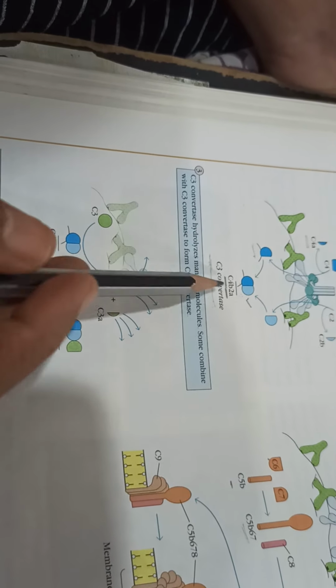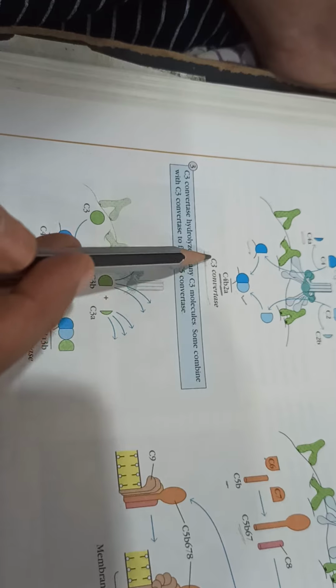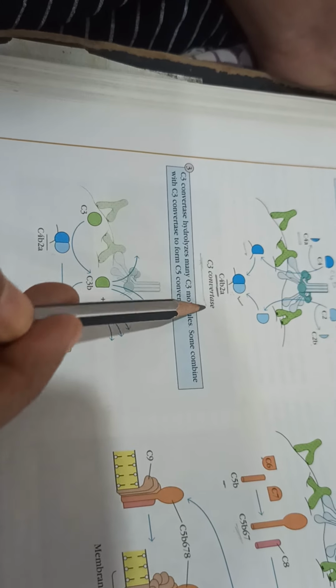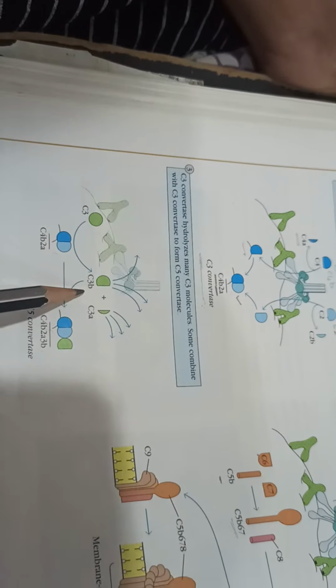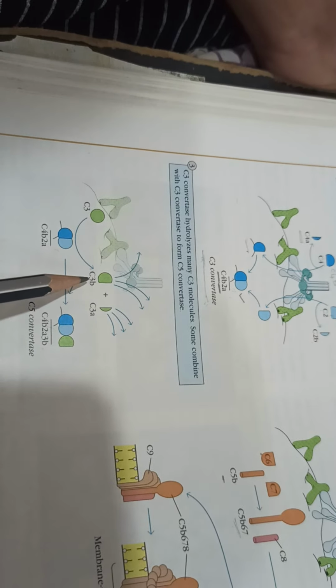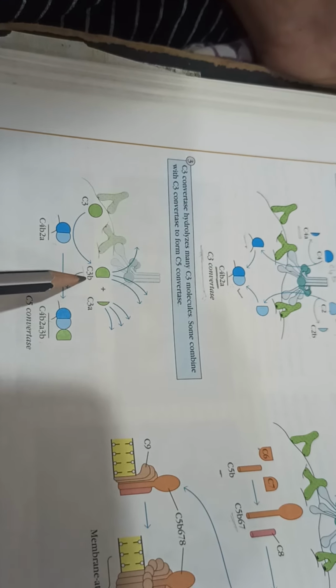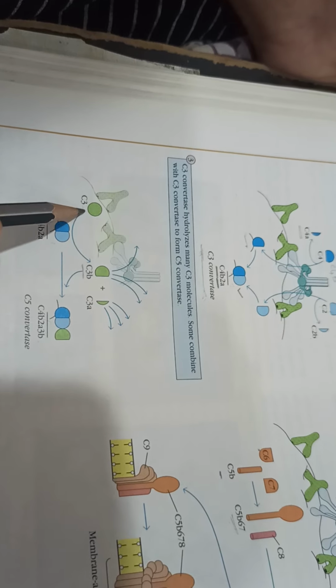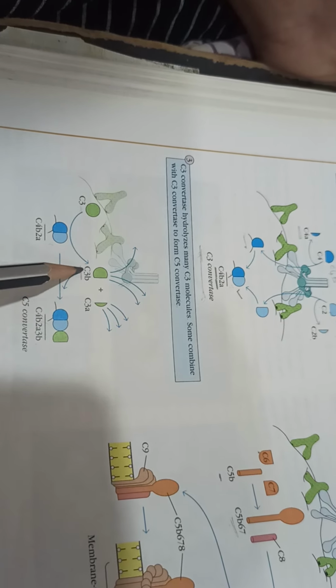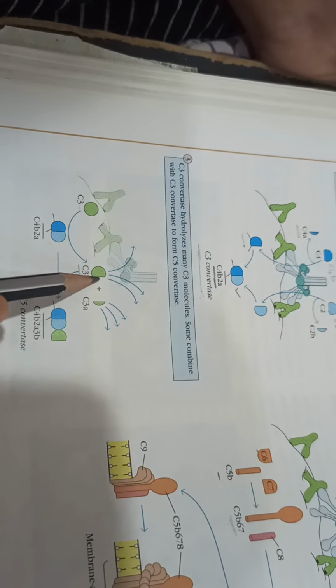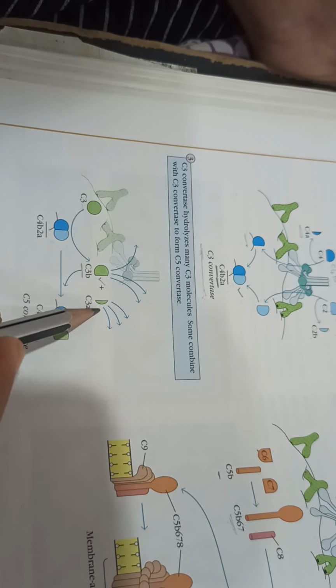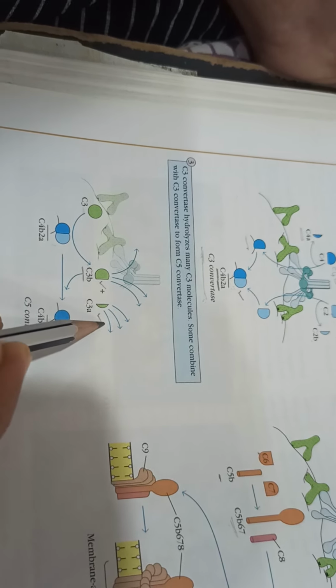So this total thing is called C3 convertase. C3 convertase is going to cleave C3 into a larger fragment, C3B, and a smaller fragment, C3A.